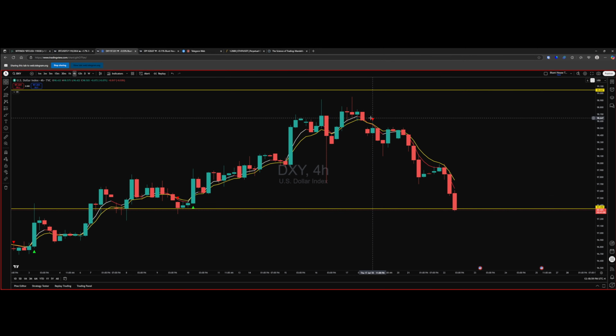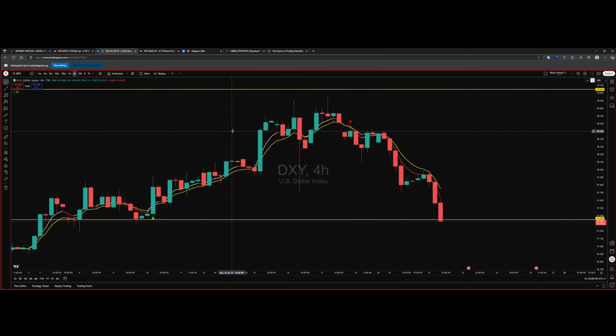Just so that you can understand visually how early you would have been. However, clearly a safe entry on the 4-hour, and in some cases, the gap down probably would have been a cue for others. But this is your safe entry on the 17th.